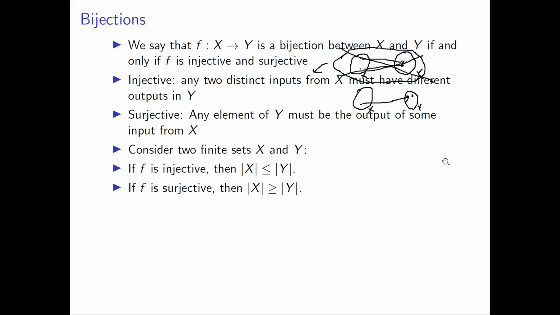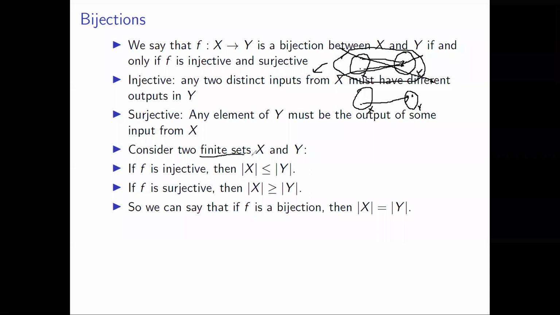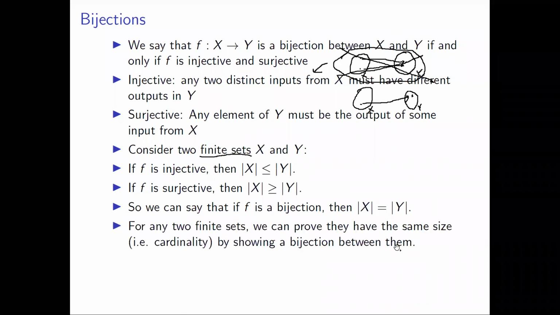If we have two natural numbers, a and b, which satisfy a less than or equal to b and b less than or equal to a, then we have a equals b. So if we do have a bijection f between x and y, we can say that the cardinality of x equals the cardinality of y when x and y are finite. And in fact, this holds more generally. This is also true for infinite sets.